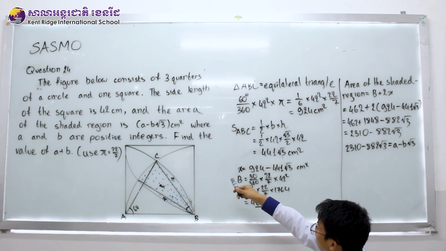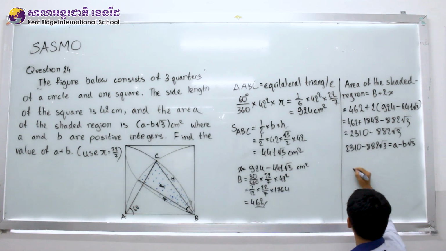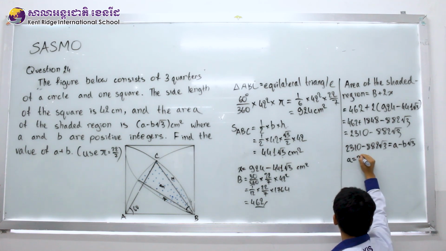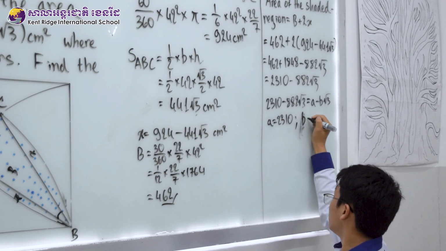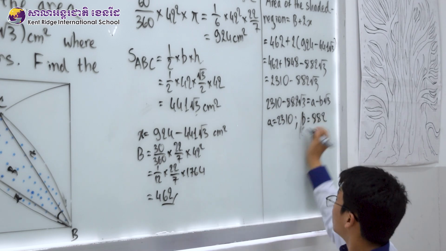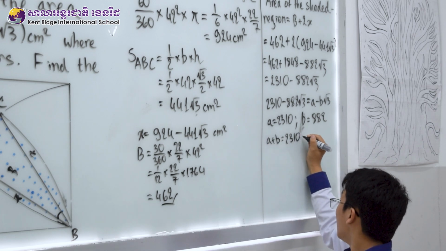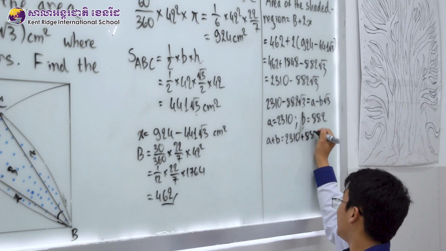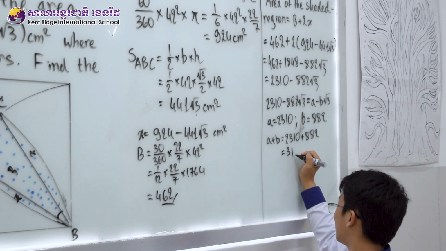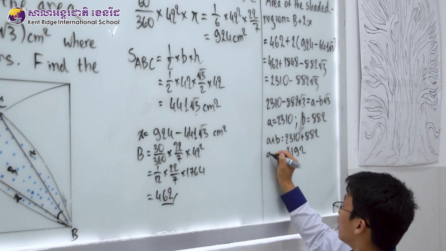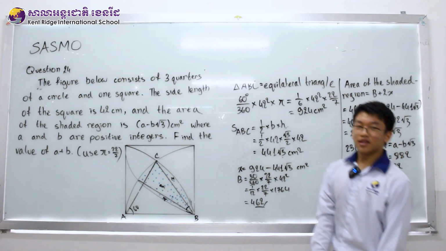The question they're asking is find the value of a plus b. So we'll get a equals 2,310, whilst b equals 882. So a plus b equals 2,310 plus 882, which equals 3,192. So a plus b equals 3,192. Thank you for listening.